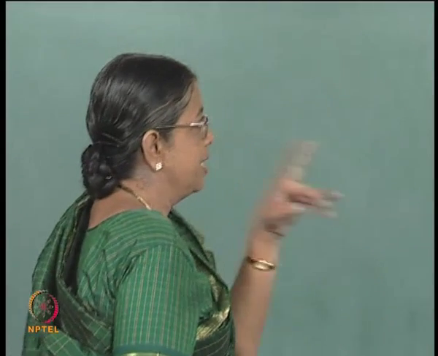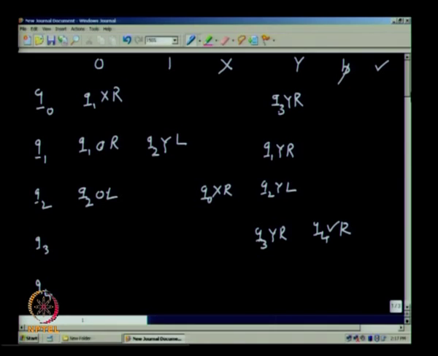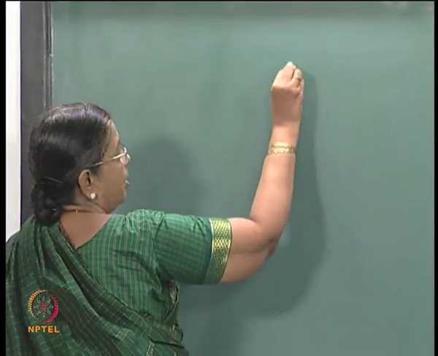Let us take this example. This is a Turing machine which we have already seen, which accepts 0 power n, 1 power n.